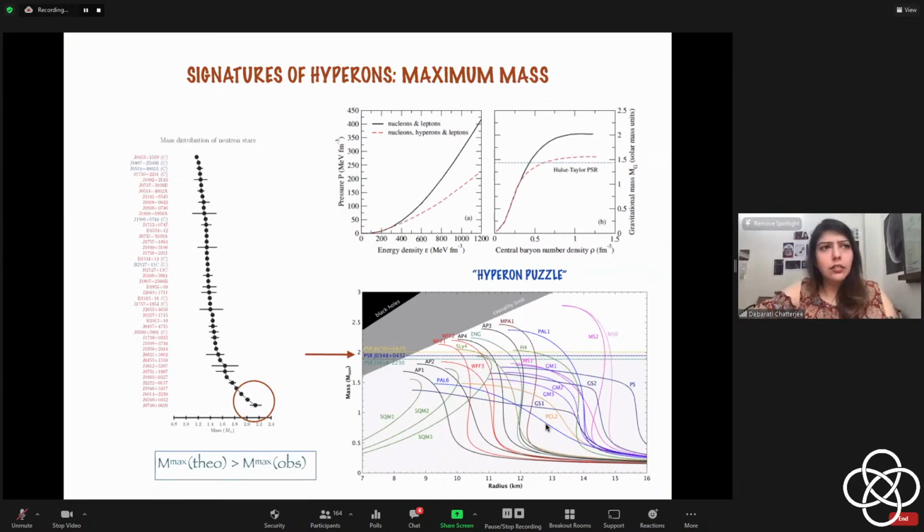I think I showed it yesterday? No, I don't think so. So right now this question has come up. In the mass gap we were discussing between neutron stars and black holes, earlier we thought there is a difference between the maximum mass of neutron stars and the minimum mass of black holes.